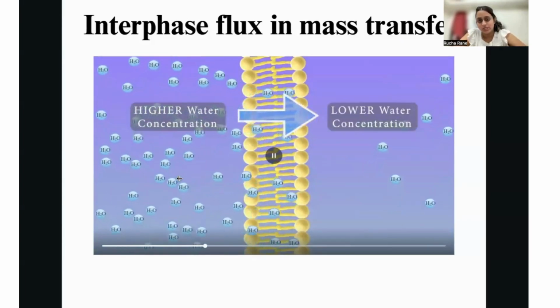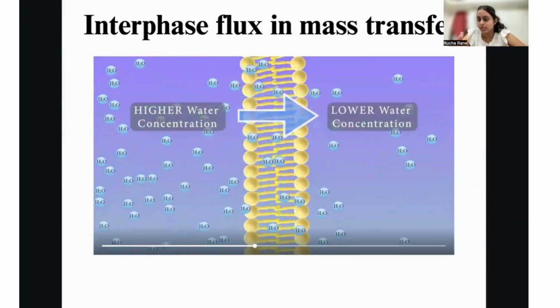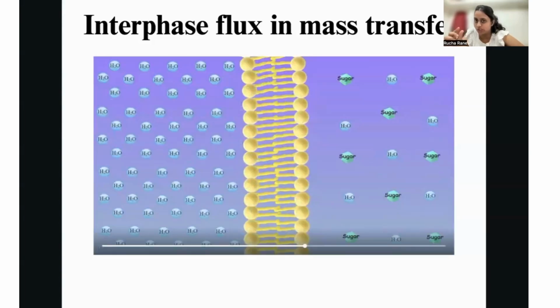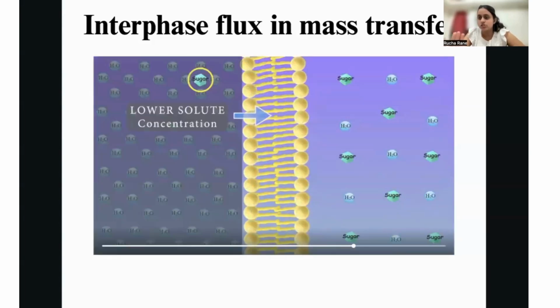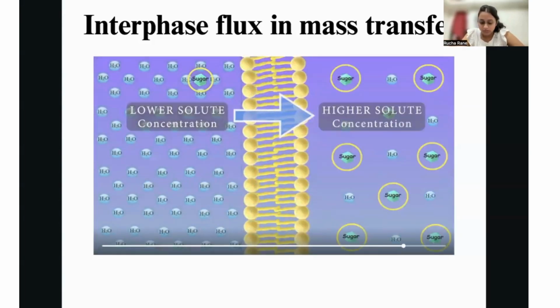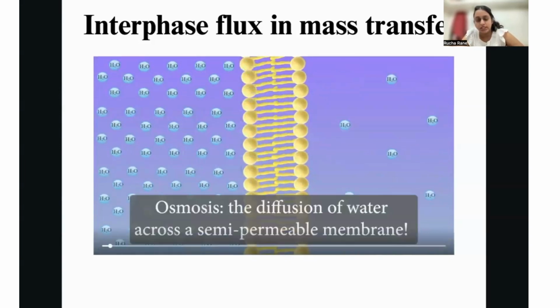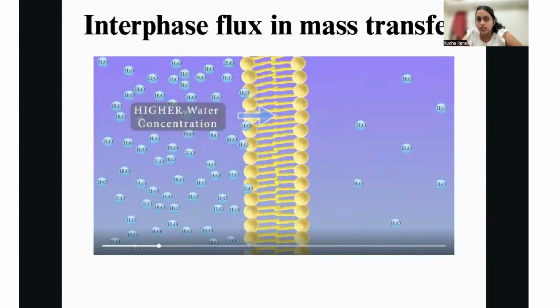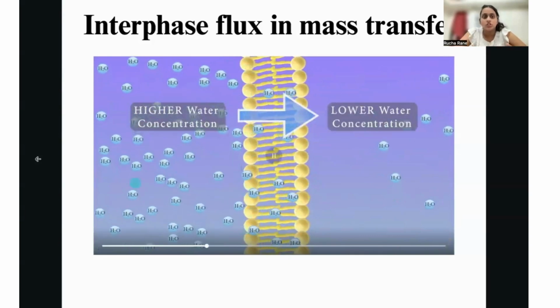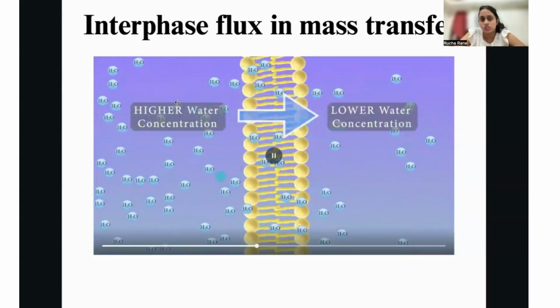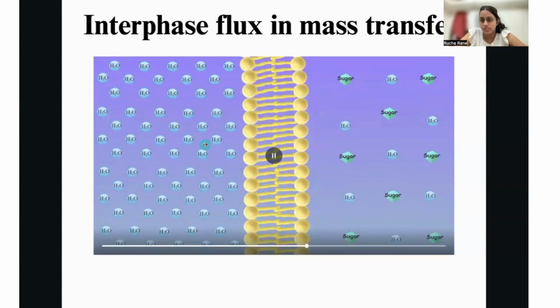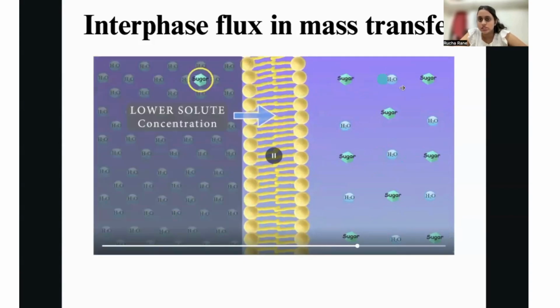The resin, when it is dipped in water, after some time gets swollen. This is basically because of mass transfer. And at that time we didn't know that that is an interphase mass transfer, but now we can differentiate it. So what happened? There is a higher water concentration in the outside bowl, and this is the resin part.